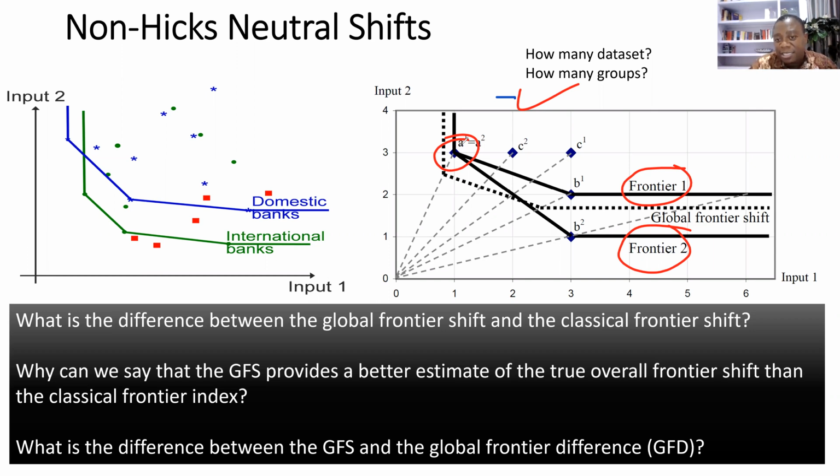The C section here, the improvement was very little. The majority of the improvement was with the B section. So it is B in particular that is causing much of this average global frontier movement.